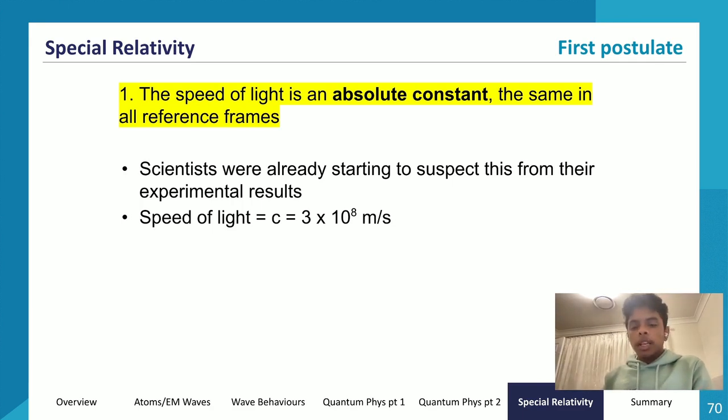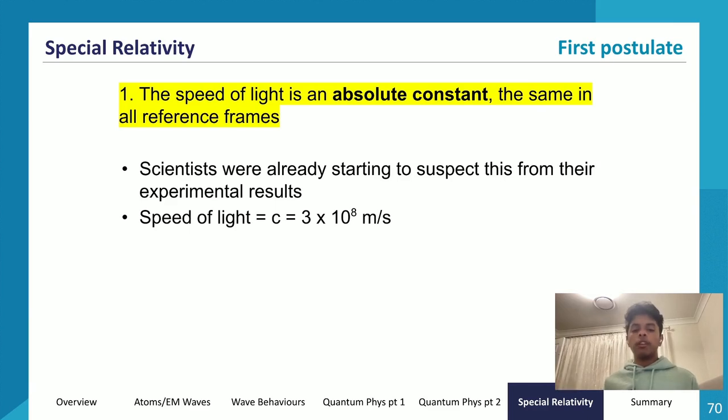So what does this mean? Well, I'm not going to see the torch travel at 0.1 c, right? I'm going to see the torch travel at c. I'm going to see the torch at 3 times 10 to the power 8 meters per second, even though I'm technically traveling at 0.9 c. I'm going to see light traveling at 1 c.